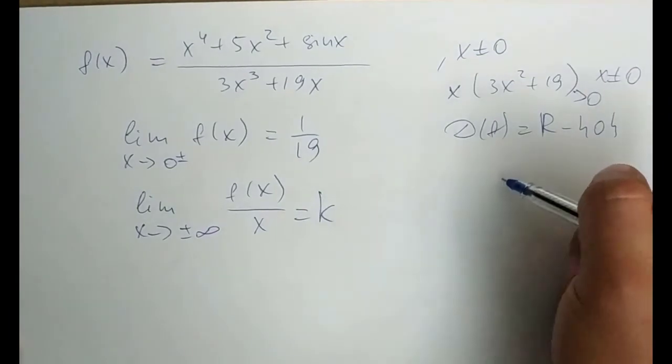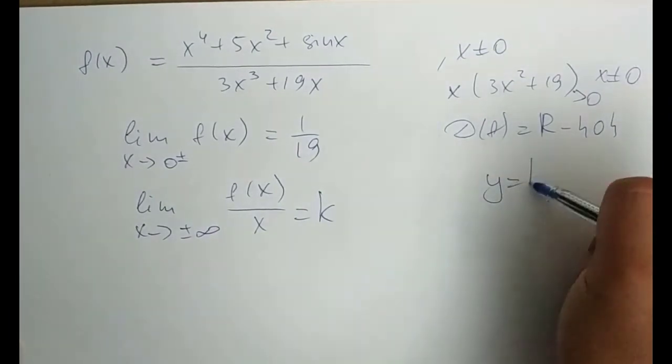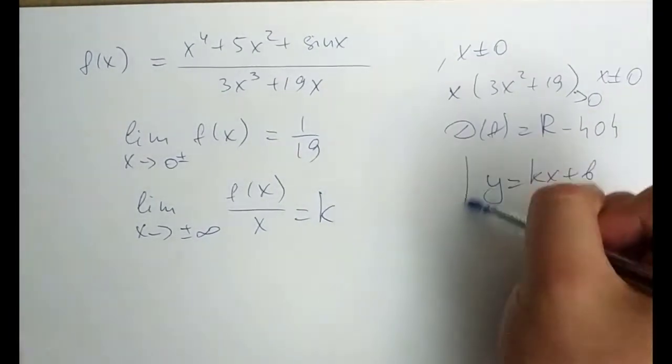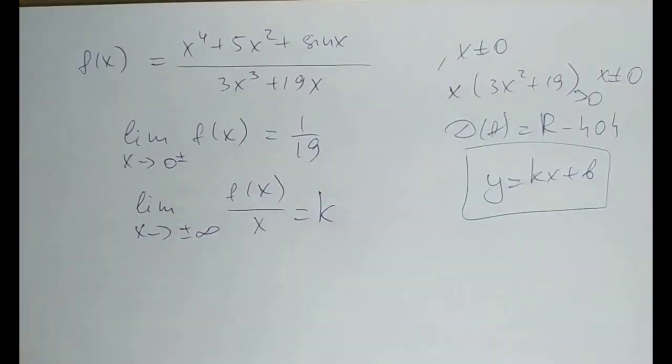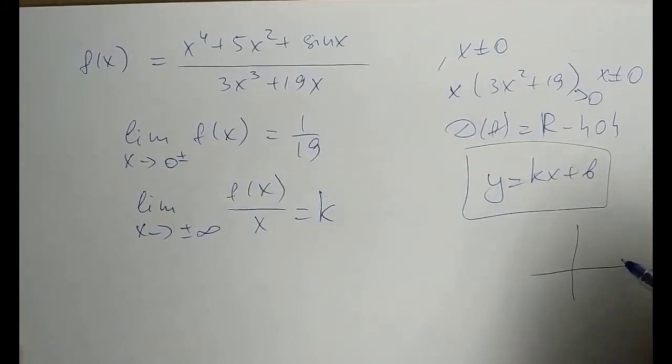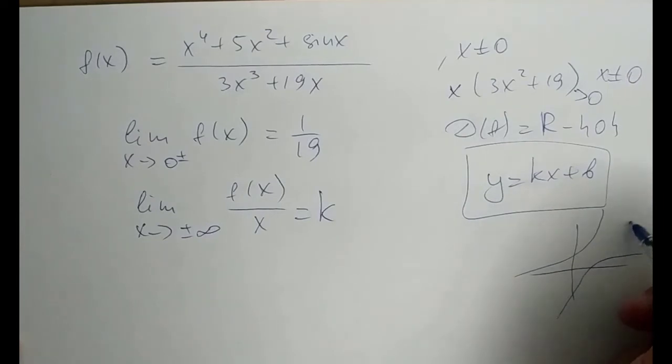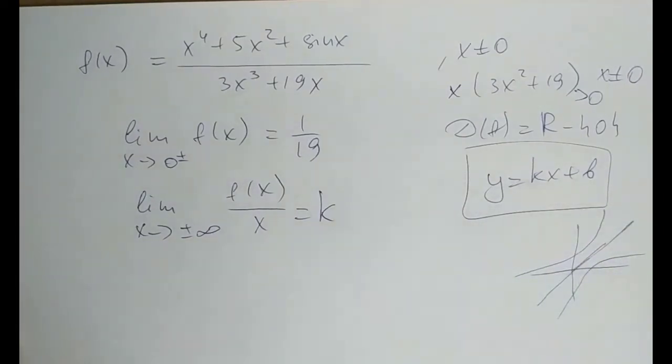We need to find the oblique asymptote y equals kx plus b. You need to find this straight line. This is an oblique asymptote. For example, if we have a function of such kind, like this one and like this one, the oblique asymptote will be, for example, this straight line. So this is the oblique asymptote of our function.